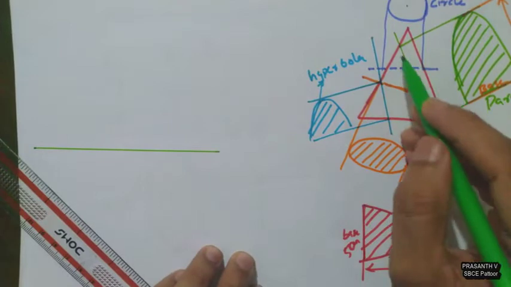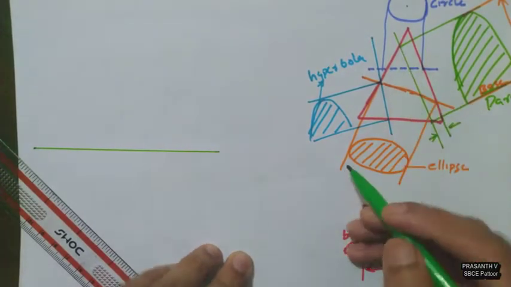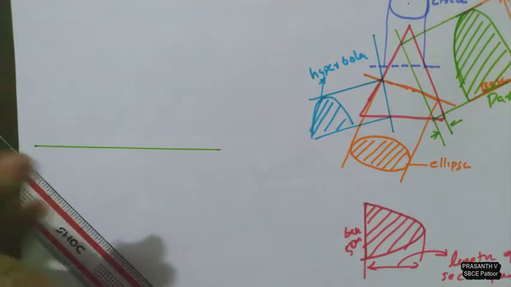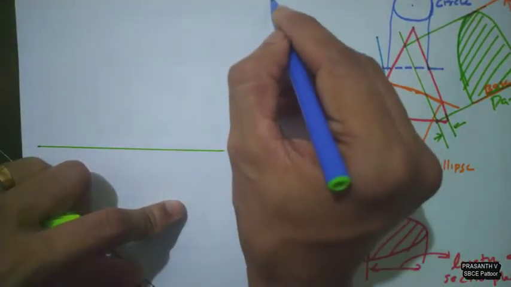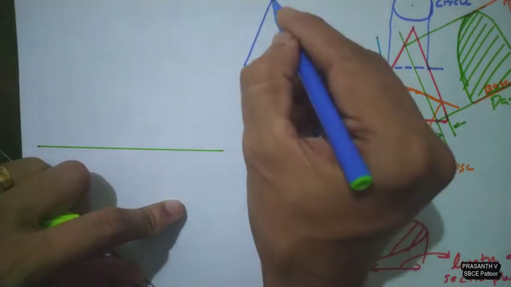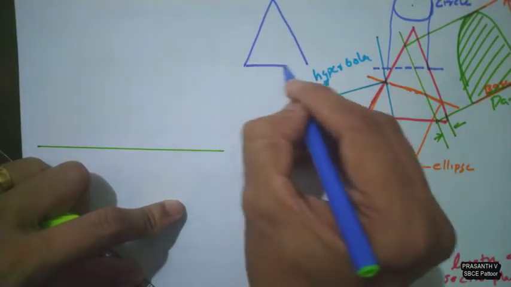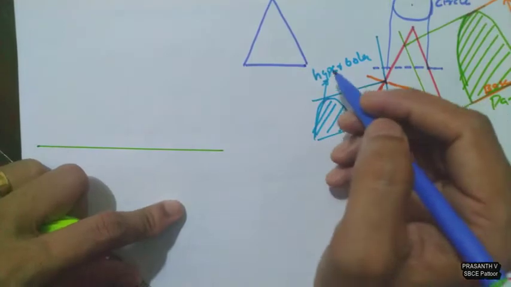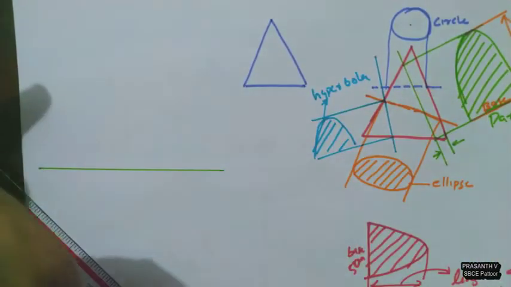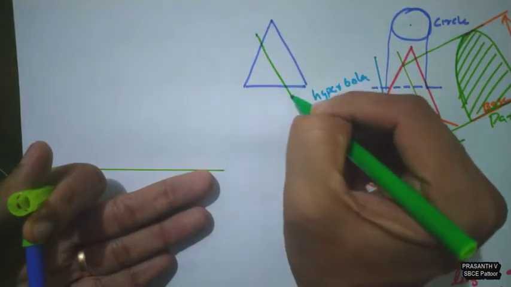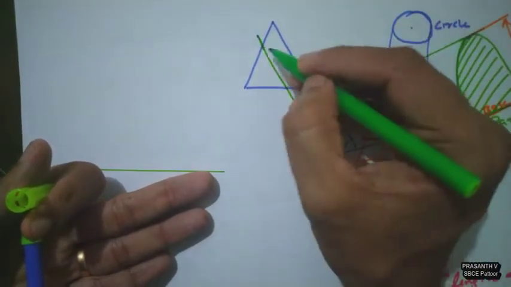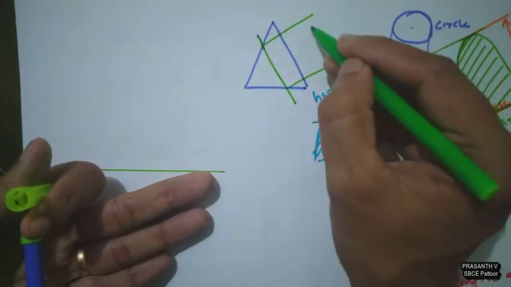You see here, for getting a parabola, once again I will draw that particular case. To obtain a parabola, you have to cut the section plane parallel to the end generator, say like this, so that the section is a parabola.